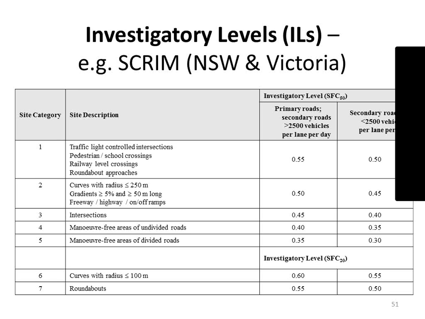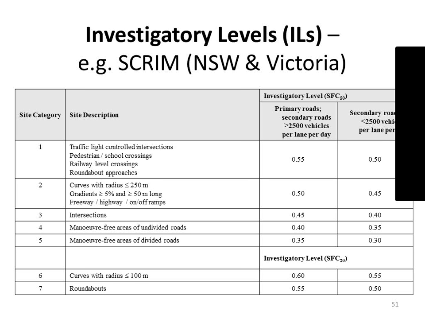You'll see down the left-hand side 7 site categories. But if you look at site categories 1 and 6, for example, and follow them across, these are our highest stress sites. These are where we need our highest levels of skid resistance.